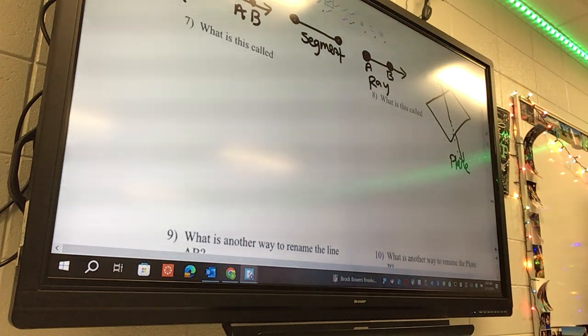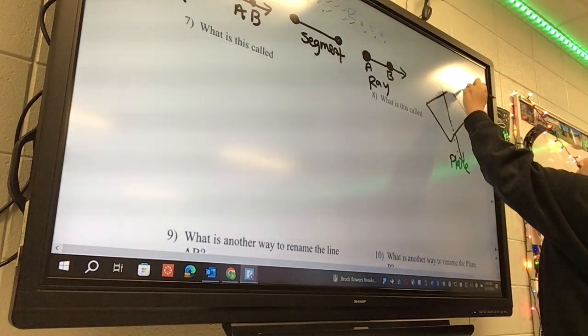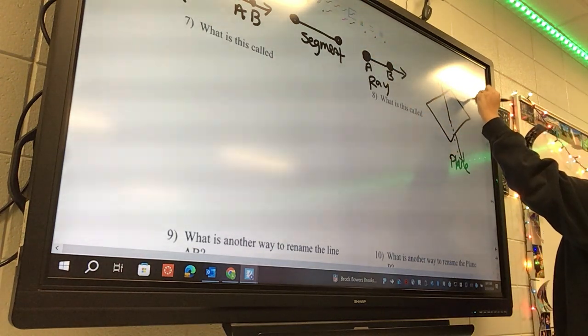They have to be on the inside of the square, and they all have to be capitalized. So those are the 3 rules for a plane. They have to be on the inside of the square, 3 points, and they all have to be capital letters. If you need to write that down, then write it down. So we need 3 of them. They have to be capital and inside.